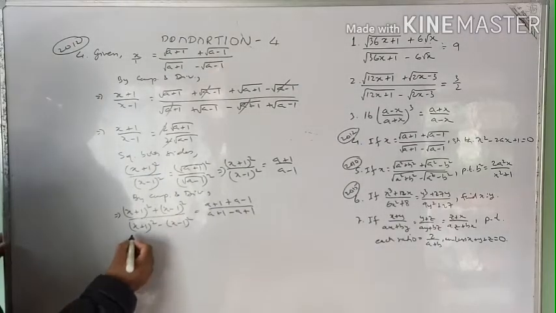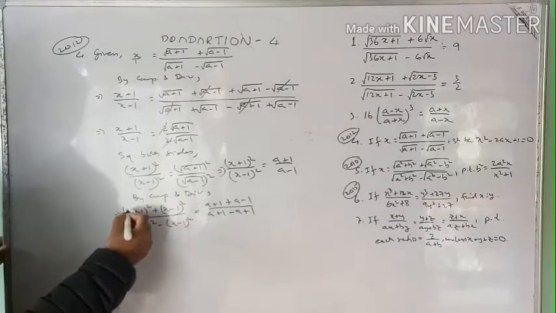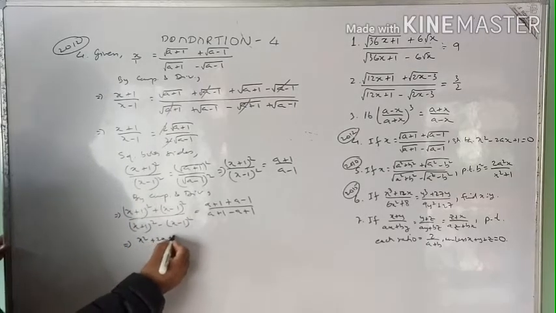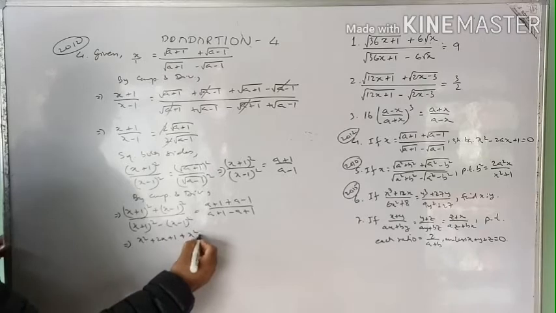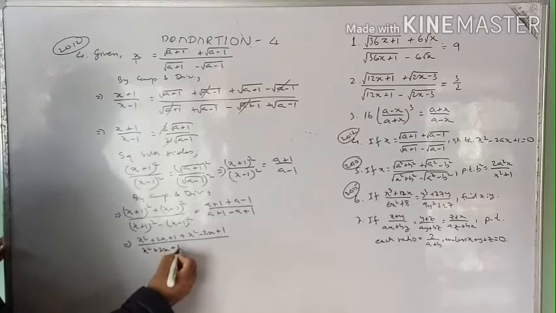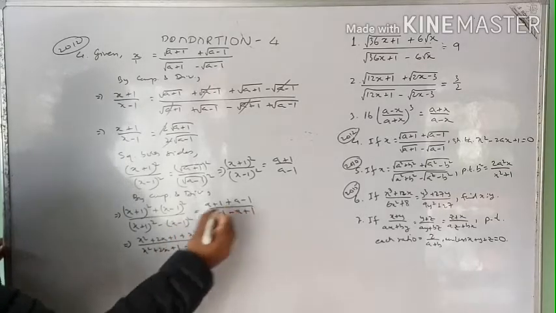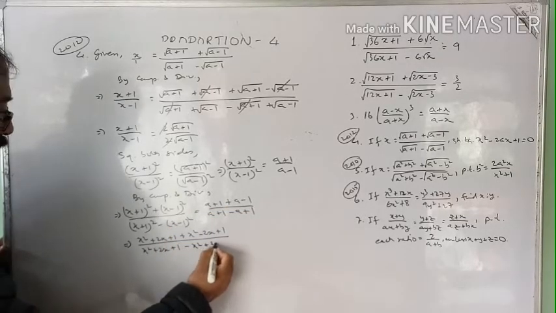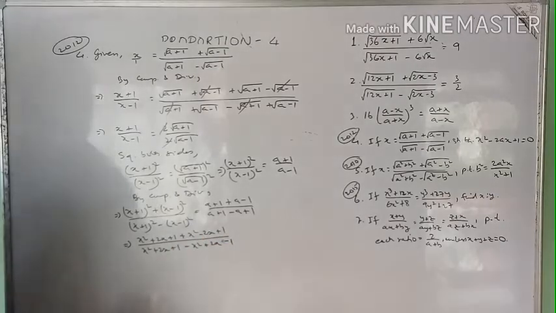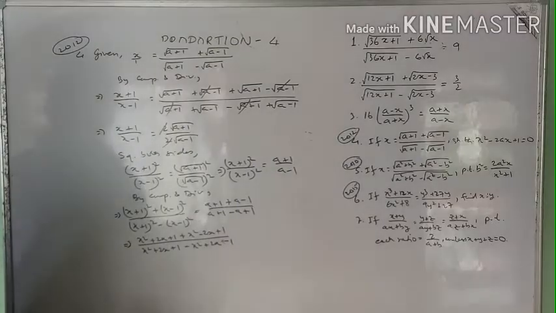So apply formula: a square plus 2ab plus b square, a square minus 2ab plus b square. Here also a square plus 2ab plus b square, minus sign will change all the signs, so minus will make it minus b square.